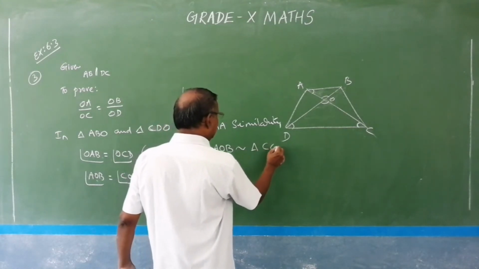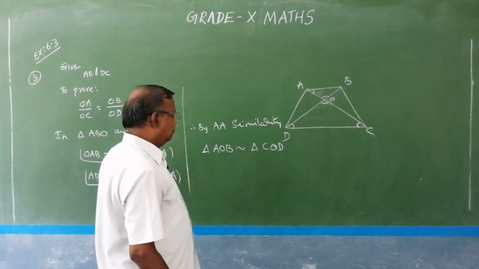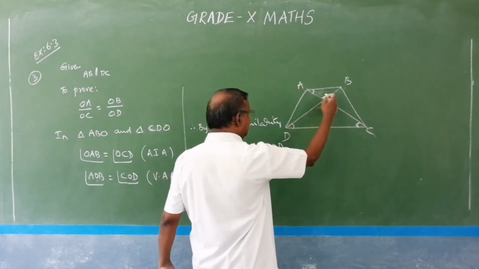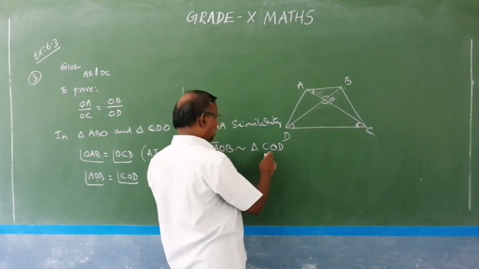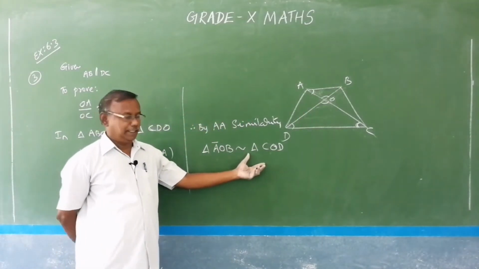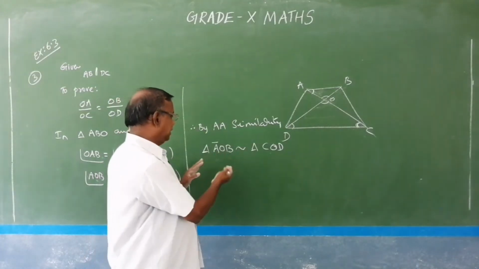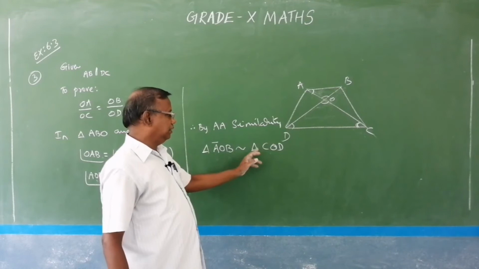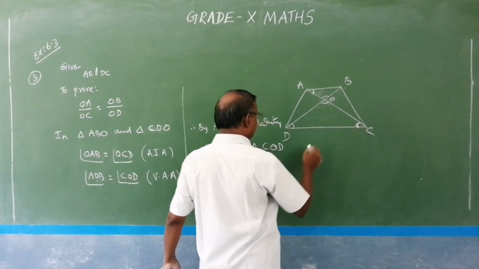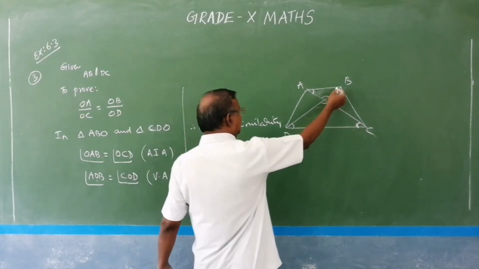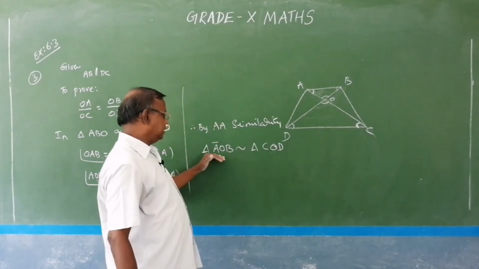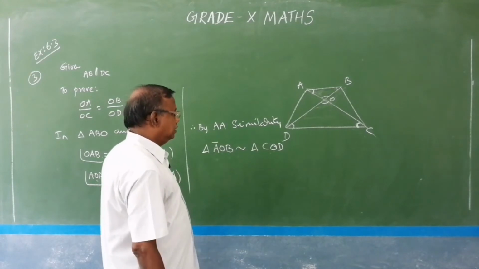Why I mentioned A first: these two angles are equal, so A corresponds to C, and O is common, and angle B equals angle D. The orientation must be correct, because you cannot write AOB similar to CDO. Here I have taken A first, so you have to take C first, and O is common, and angle B equals angle D. So therefore triangle AOB is similar to triangle COD.